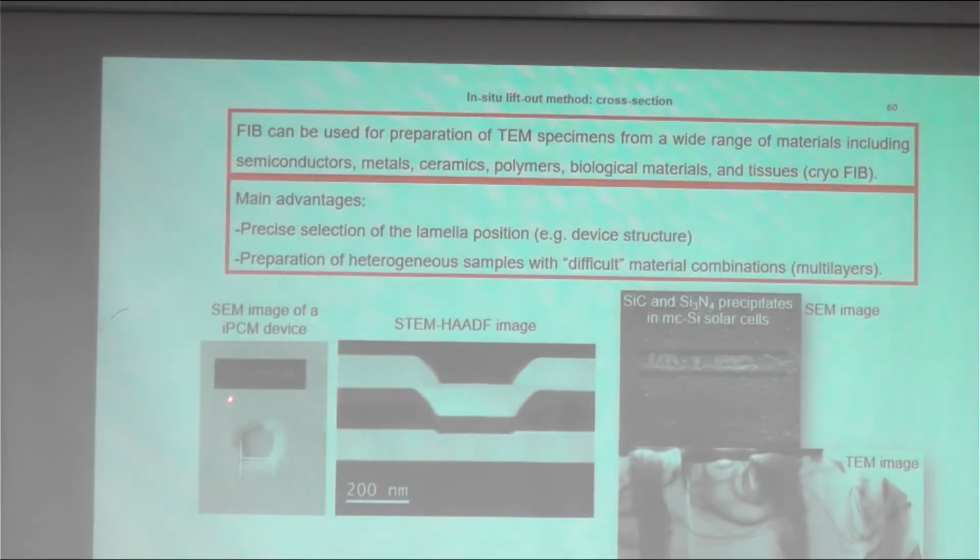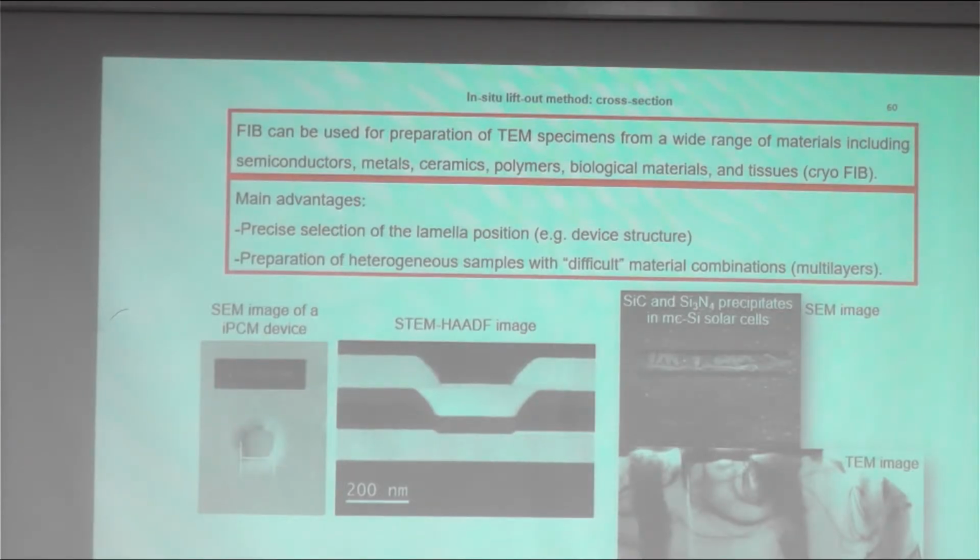If you have a device with a size of 250 micrometers and you want to use conventional specimen preparation based on ion beam milling, then you cannot get this. It will be very difficult to get this feature into a TEM specimen because you don't know where you cut.